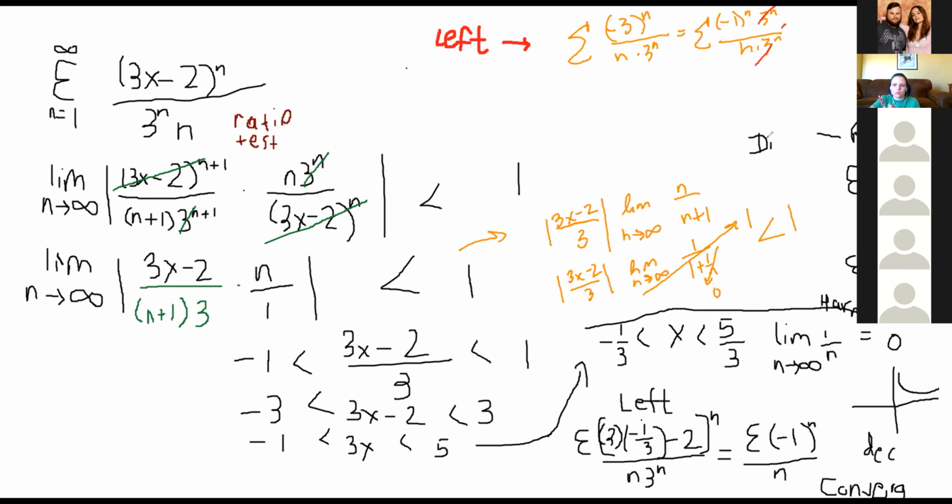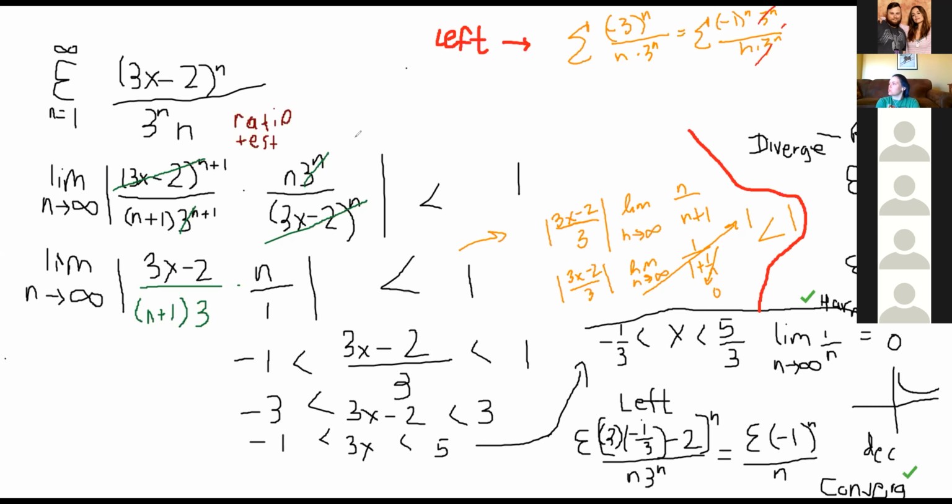For the left side, is it 1 over n like the right side? Then wouldn't they both be harmonic? The left side is an alternating series. And for alternating series, you take the absolute value of a sub n, which makes it look like 1 over n. So you do all of your actions with the positive piece, but it's still an alternating series.